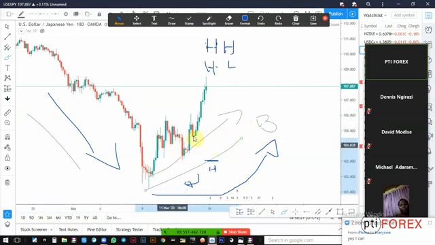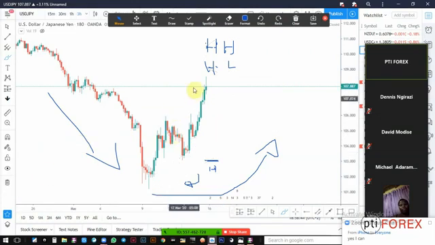Because of the higher highs and higher lows which have been formed on the market, we are waiting for a discount because we want to buy. We cannot buy when the price is up here, so let them give us a discount, then we will buy. So what we are waiting for right now is for the price to come back a bit.